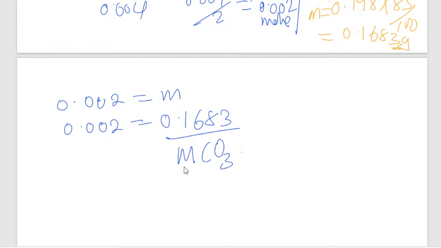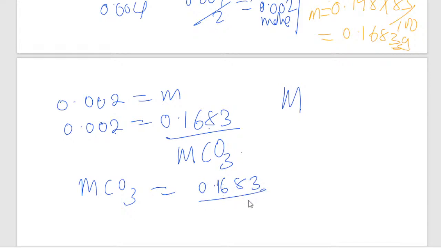We don't know what M is, but we know what a carbonate is, so we can find out M carbonate. If I want to find this, M carbonate is going to be equal to 0.1683 divided by 0.002, which gives me 84.1.